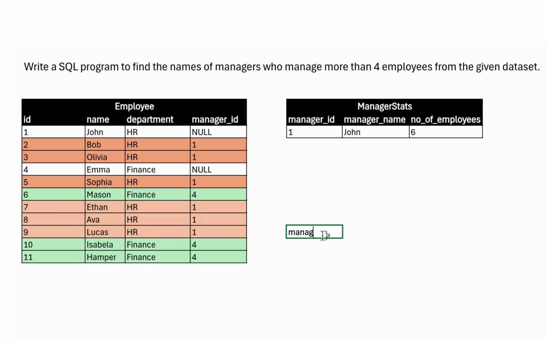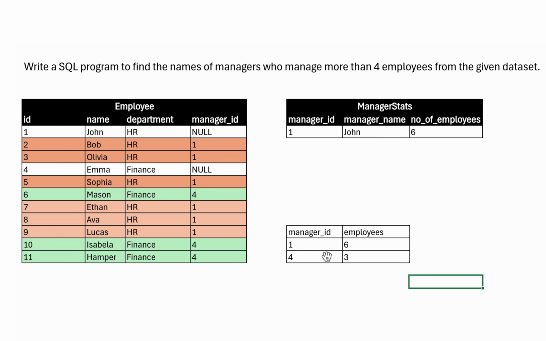That means the employees working under manager ID 1 are 6. Now let's count the number of employees working under manager ID 4. We have 1 record, 2 records and 3 records. That means manager ID 4 has 3 employees working under them.